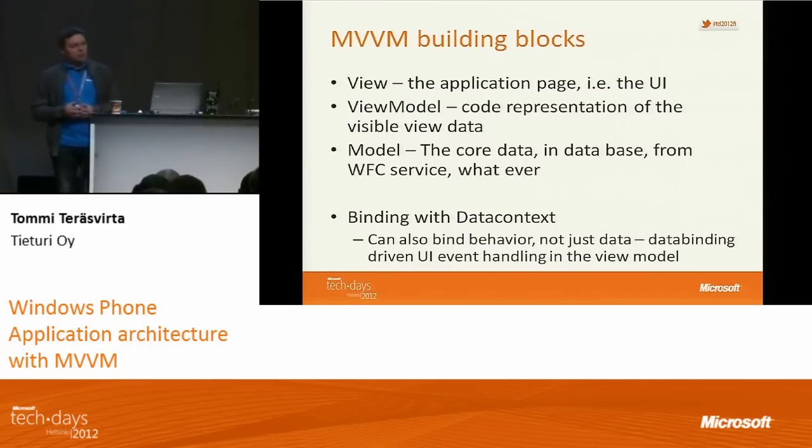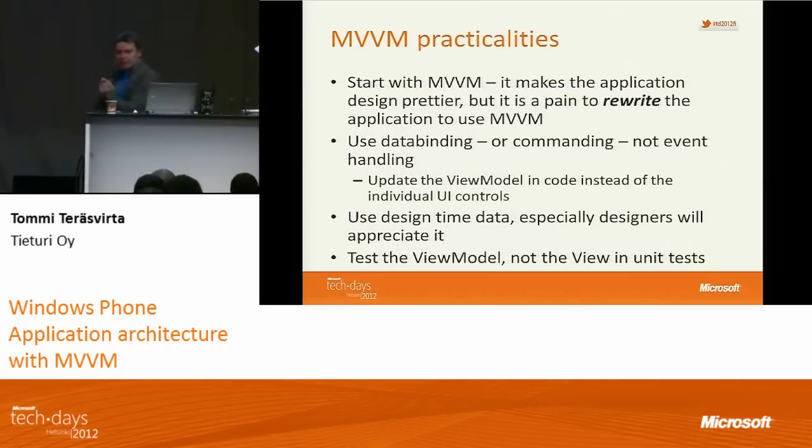For this, we'll bind behavior to a button, and then that behavior will eventually find itself in our view model. So that means that we can have even that logic in the view model, not in the UI. Yeah, well, we'll get to that part a little bit later.